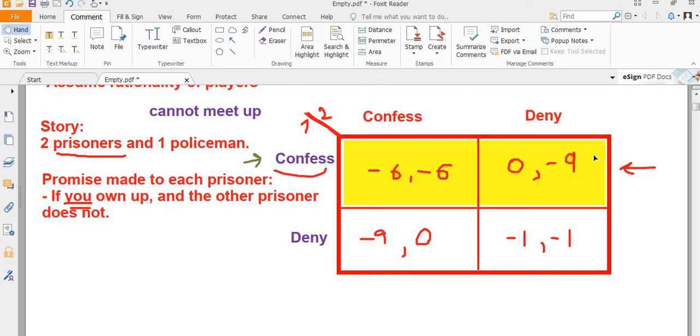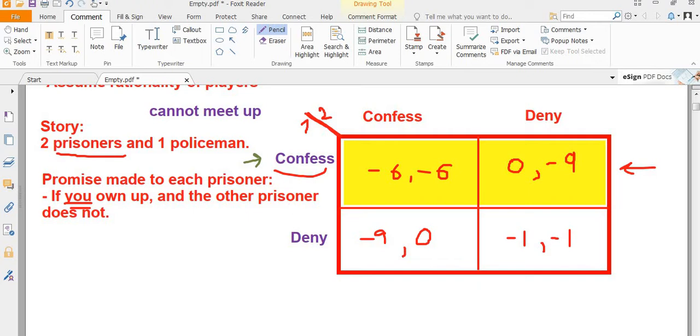Suppose I am now the second player, and somehow I have a premonition, or I guess, that player 1 is going to confess. Suppose player 1 is one of my best friends, and I have known my best friend for a long period of time, and I know that even if we do make some wrong moves here and there, my partner in crime, prisoner 1, is in general a good person at heart, and I feel that player 1 will confess at the end of the day, no matter what anybody else does.